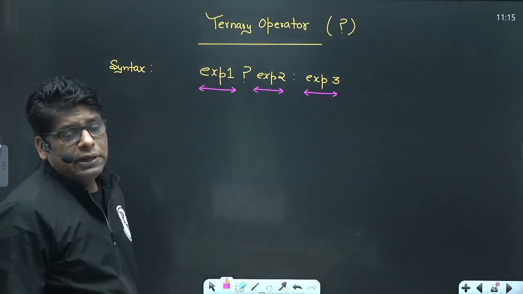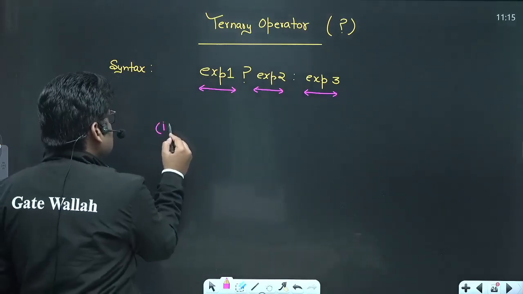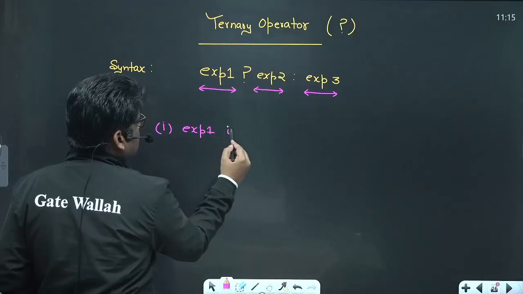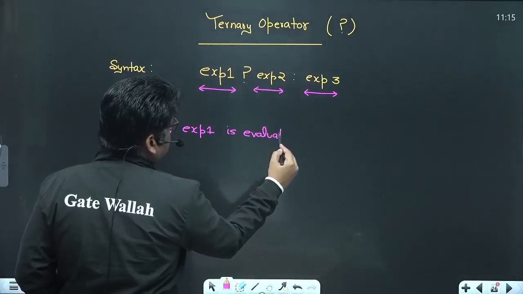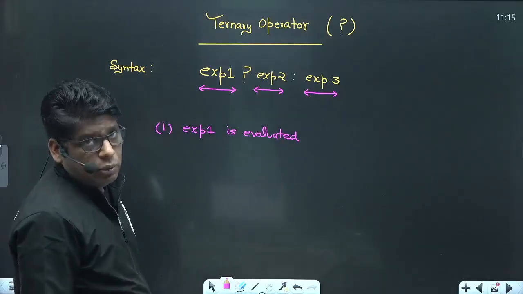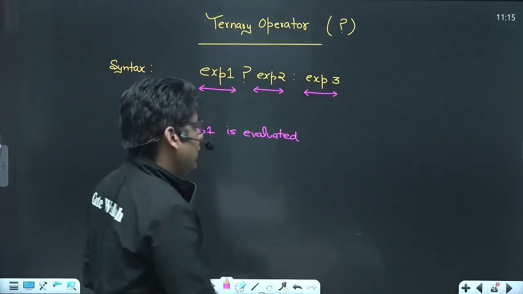How does this operator work? First, expression 1 is evaluated. Now, what do we know about an expression?